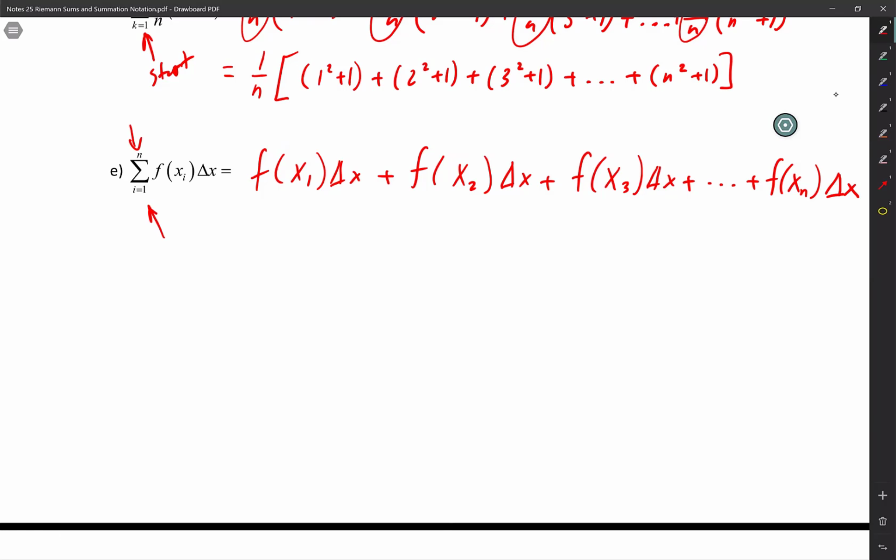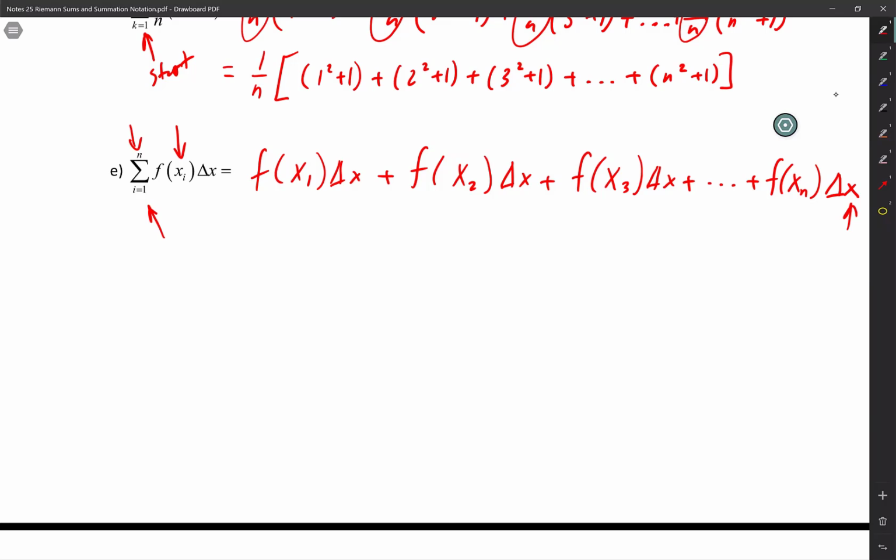That x does not have a superscript or a subscript. This is the x that has the subscript in the bottom. Yes, just like before, if you want to factor out the delta x, you can, guys, because they're all the same. But I'm going to leave it like that.